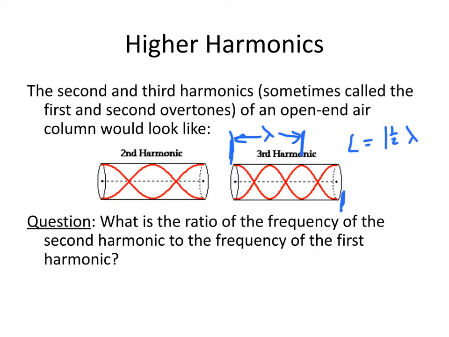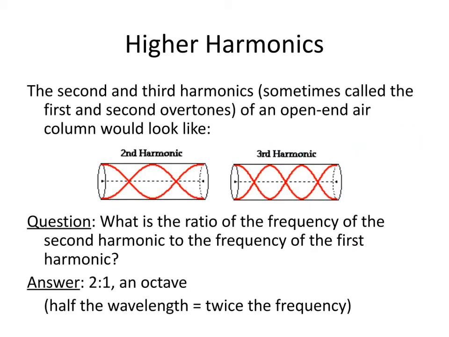So what's the ratio of the frequency of the second harmonic to the frequency of the first harmonic? Now we're talking about frequencies. Well, as we go from the first harmonic to the second harmonic, we see that the wavelength will be half as great since we can fit more waves into the same length of column. We can fit twice as many wavelengths in.